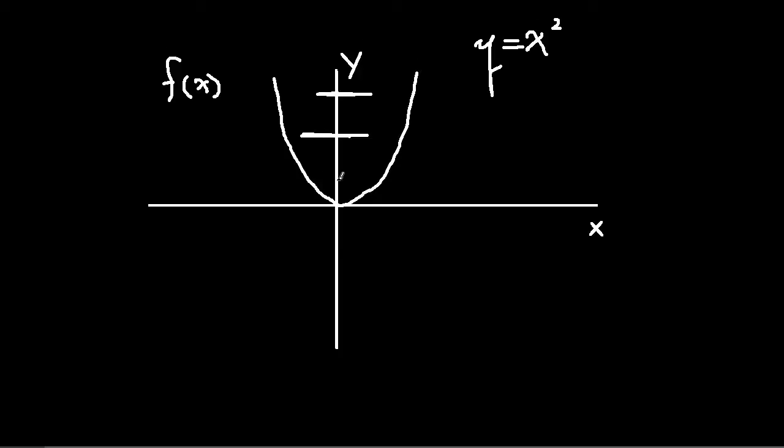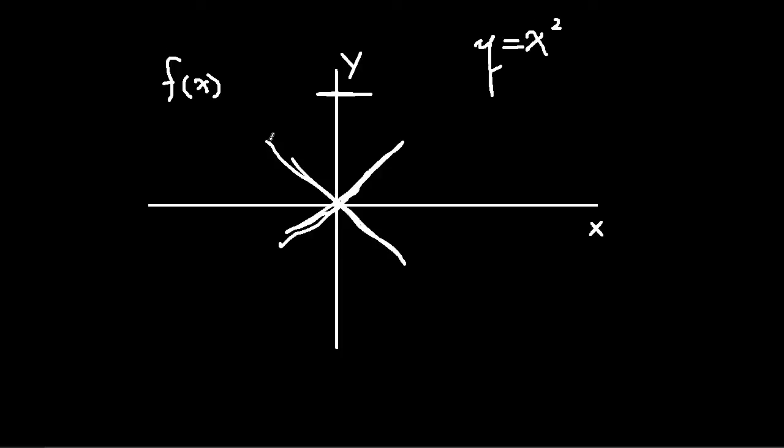If the function is symmetric across quadrants, in other words, if it's symmetric this way and this way, then we say the function is odd.